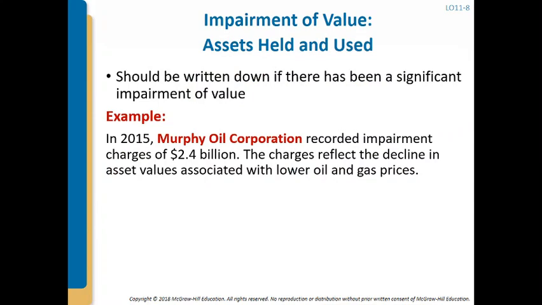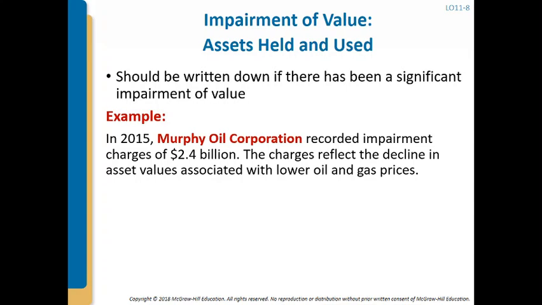If these assets are planning on being used in the future, they should be written down if there's been a significant impairment of value. What is significant? I suppose if it's material.